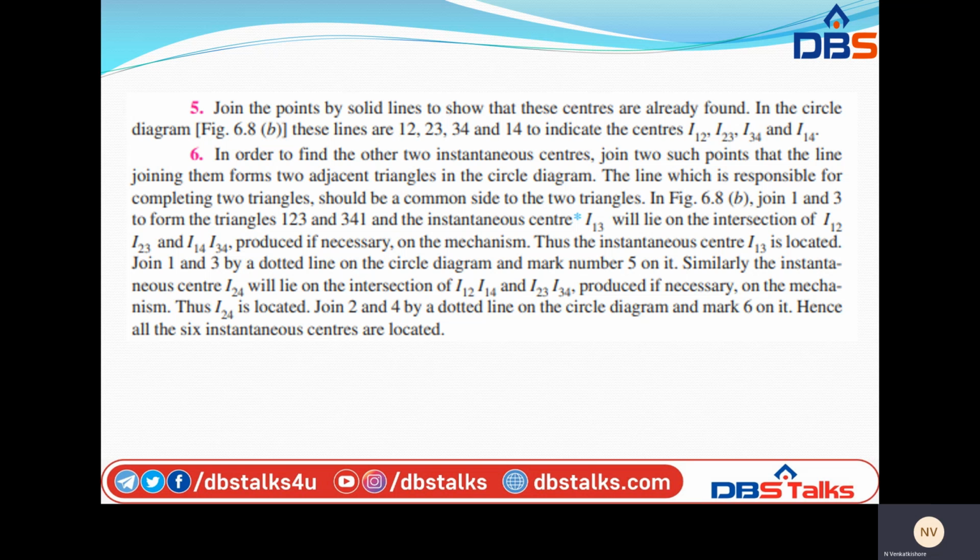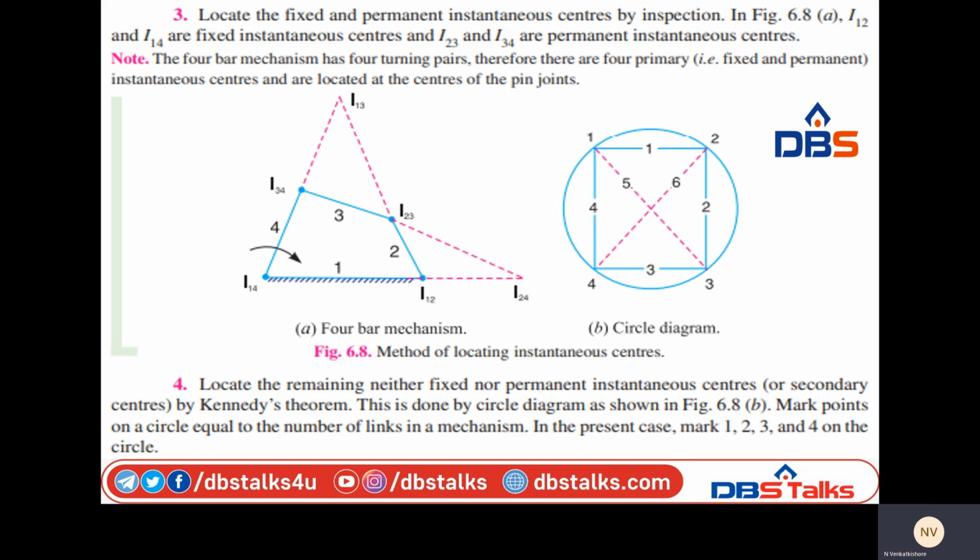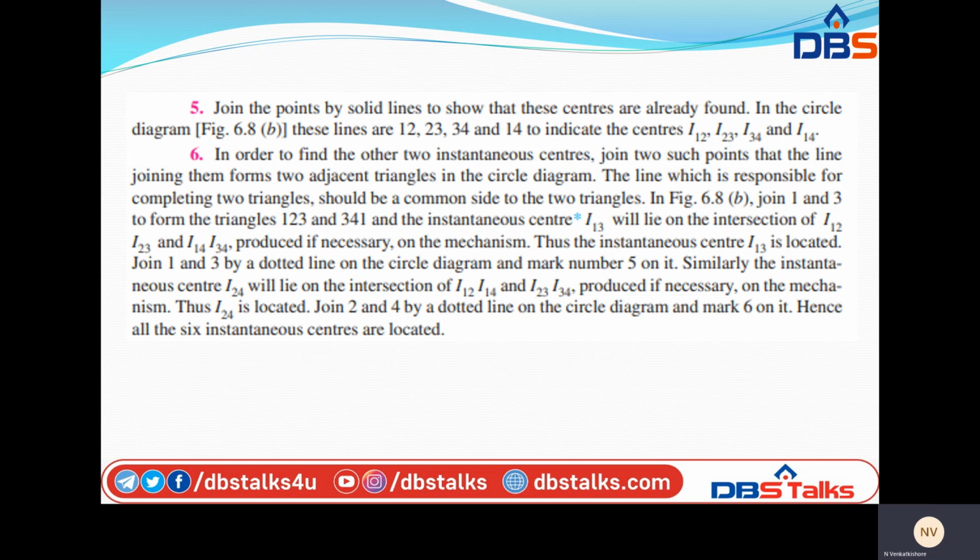Then join the points by a solid line to show that these centers are already found in the circle diagram. That is, join 1-2, 2-3, 3-4 and 4-1. So indicate the centers I12, I23, I34, I41.